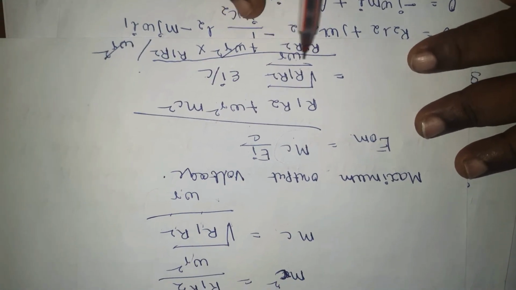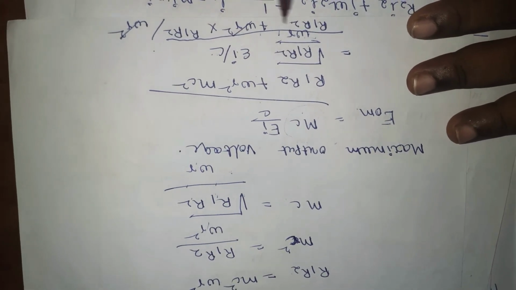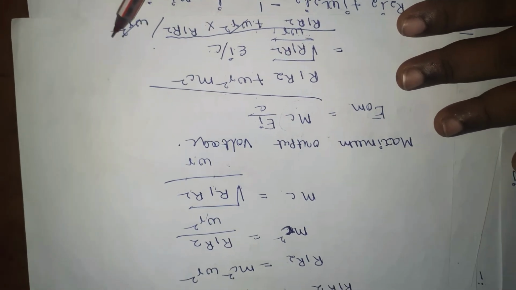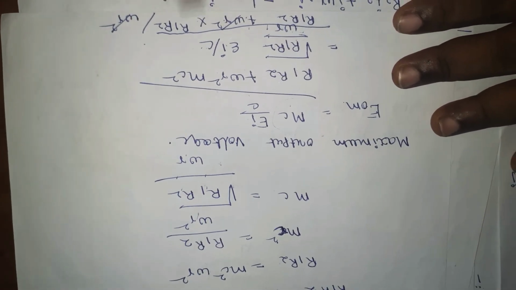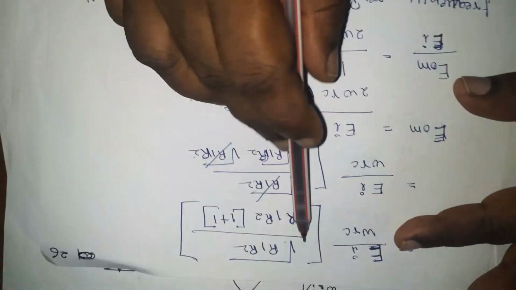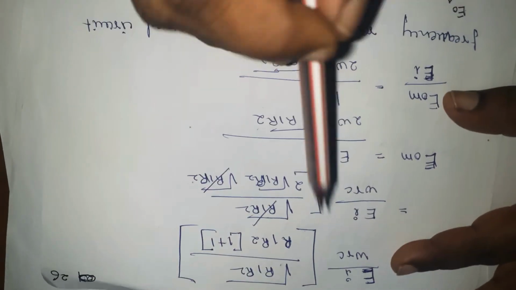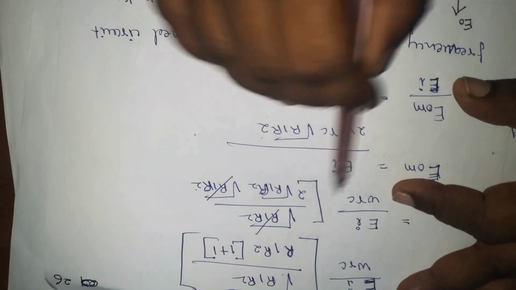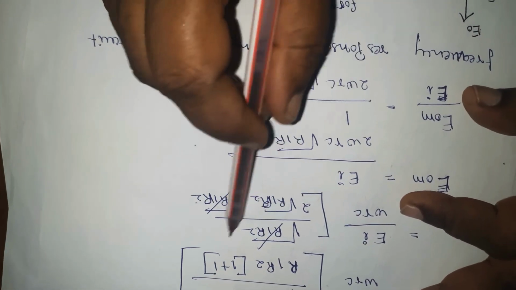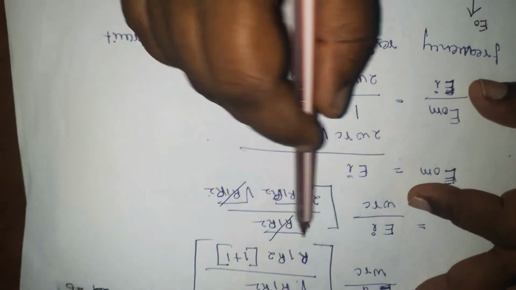Ei by C divided by R1R2 plus ωr² times R1R2 divided by ωr². So both terms are cancelled. Finally you get 1 plus 1, which is 2.